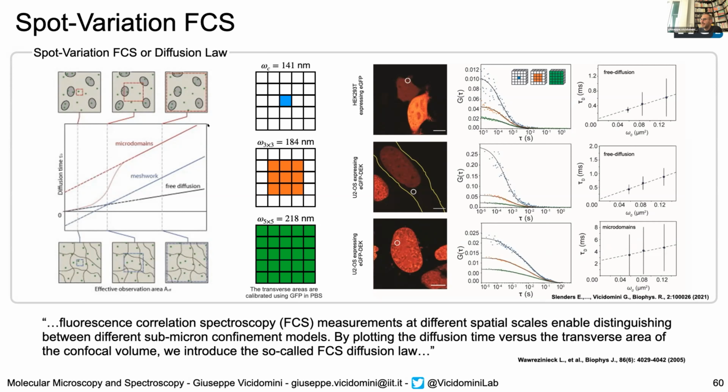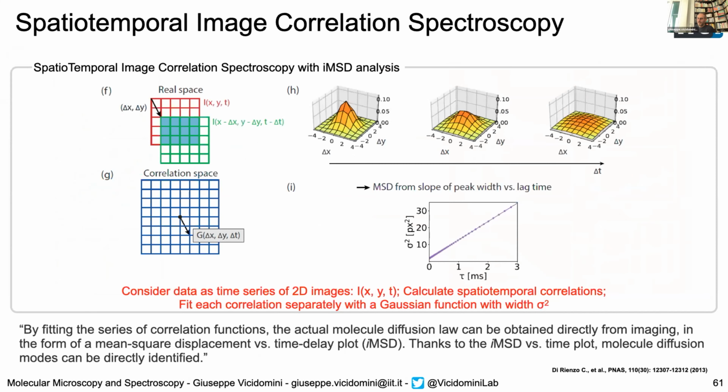Because here, the line is not anymore passing through the 0, but intersects the diffusion axis at a positive value.